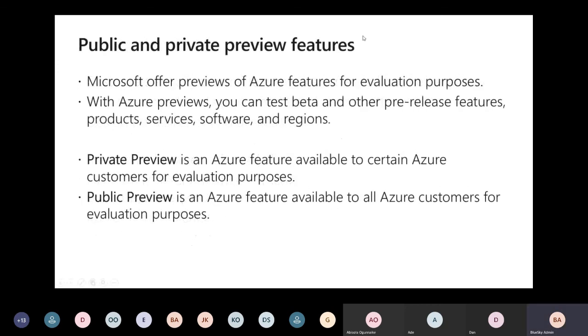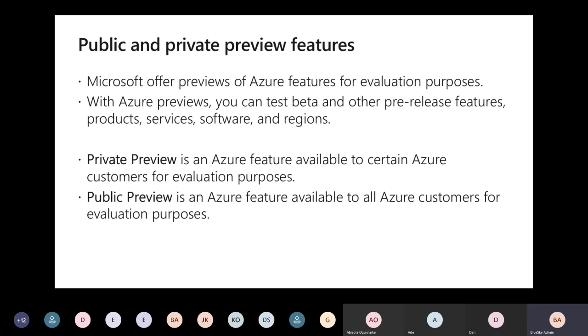So in terms of features, there are public preview features and also private preview features. In terms of public preview features, Microsoft might introduce something new to a service on Azure.